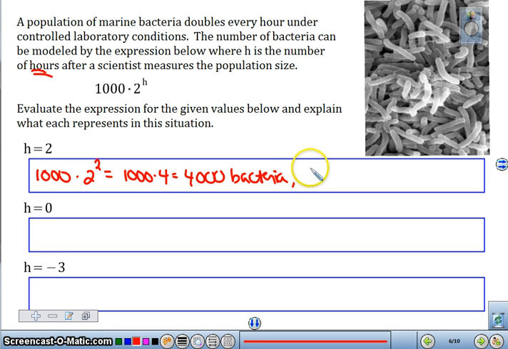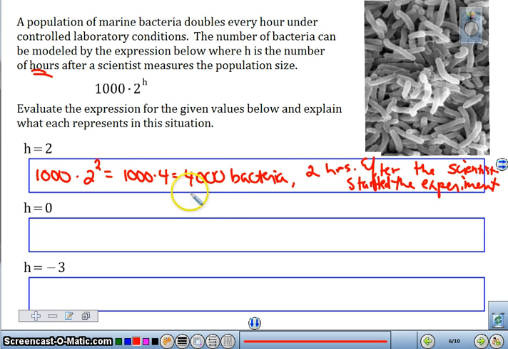And what it means is that this is 2 hours after the scientists started the experiment. So keep in mind, this was 2 hours after what our population is.